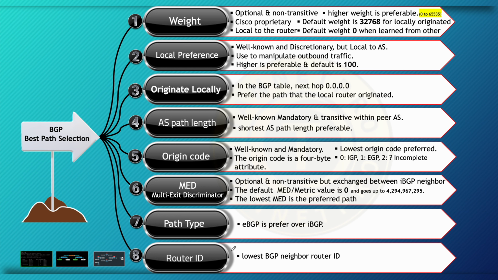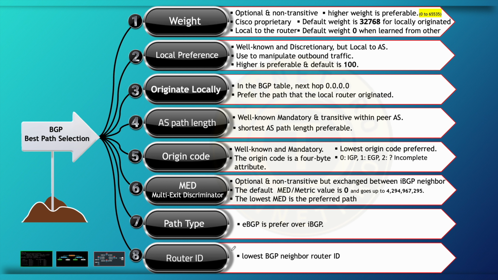This is a quick trick through which you can memorize all nine attributes used to break ties. So we learned all these attributes and how they are used to select the BGP best path.